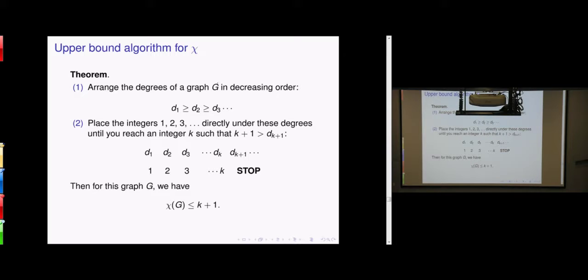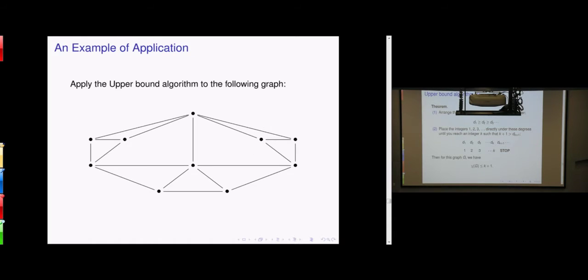In this case, for this graph G, the chromatic number of G is at most k plus 1. Try again: you arrange the degrees in decreasing order, and then you write numbers like 1, 2, 3 until you get a number on the second row bigger than the number on the first row. In that case, the first number where you stop, k plus 1, is the upper bound of the chromatic number.